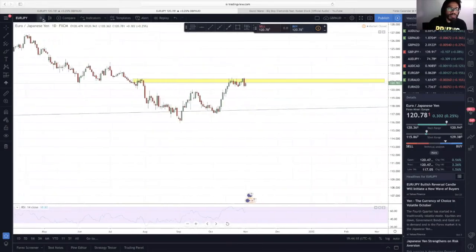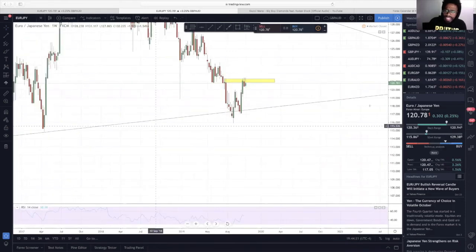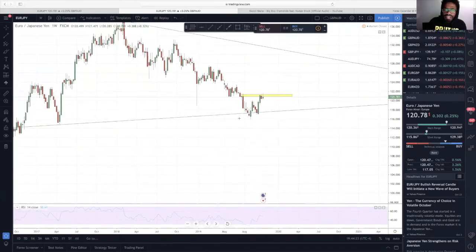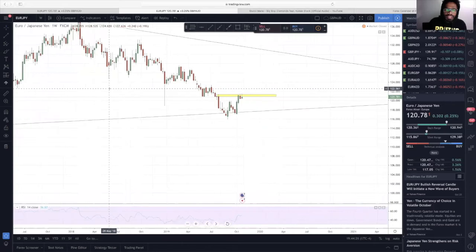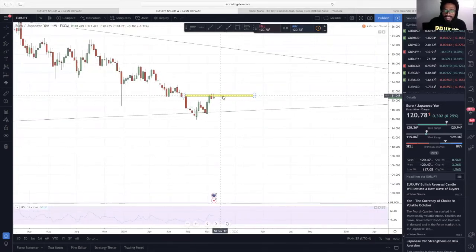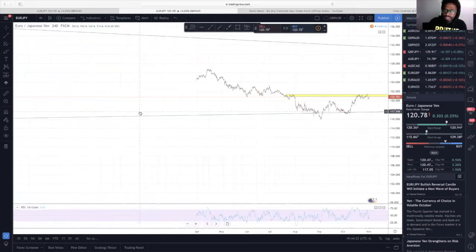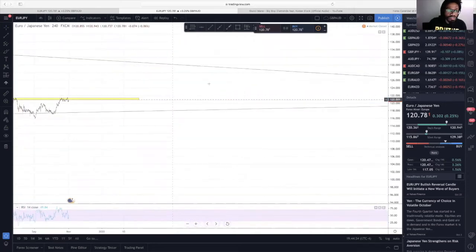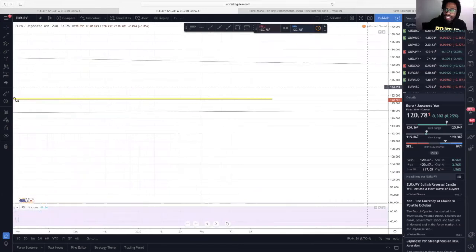So going back to our EJ trade, I apologize, EJ. One thing that we want to be cautious of is this level. On a 4-hour time frame, this is when a trend line is important.